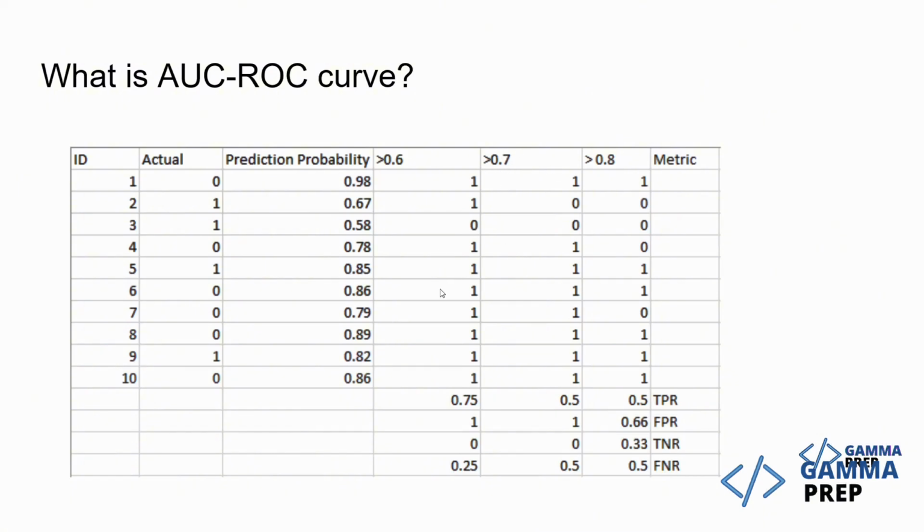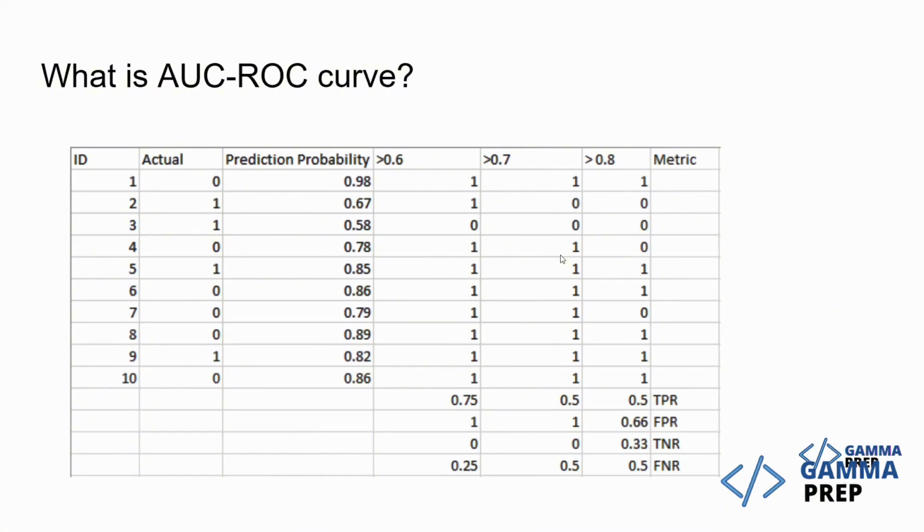If you see this, you basically have some TPR, FPR, TNR, and FNR. But when you change the threshold to be 0.7, 0.98 will be predicted as 1 as usual, but 0.67, which was predicted as 1 when the threshold was 0.6, will now be predicted as 0. 0.58 will also be predicted as 0. 0.78 will be predicted as 1 because it's greater than the threshold.